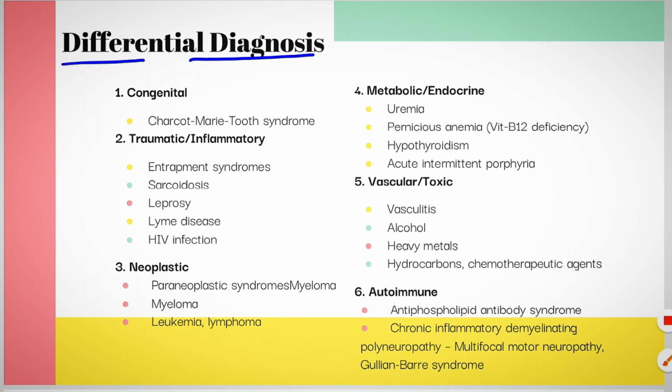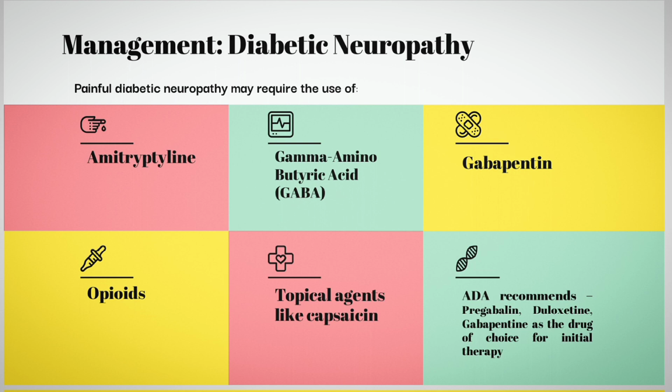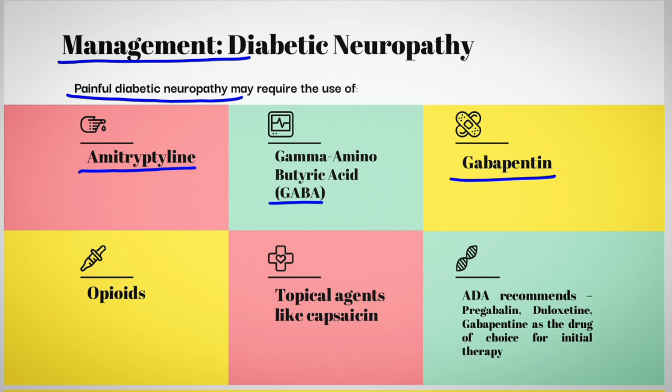Now coming to the management of diabetic neuropathy. If the person presents with diabetic neuropathy in a painful manner, in such a condition we need to use a few medications like amitriptyline, gabapentin, opioids, and some topical agents like capsaicin.